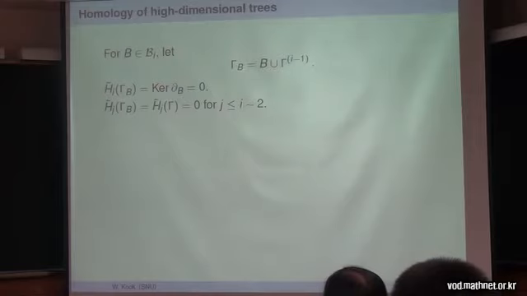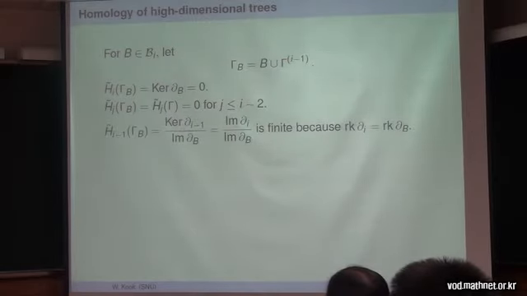And in dimensions I minus 2 or lower, the reduced homology of gamma sub B is the same as the reduced homology of gamma itself because they share the same skeleta from dimension I minus 1 and below. But the problem comes when you look at the I minus 1 dimensional case, which does not happen in the usual spanning tree for a graph.